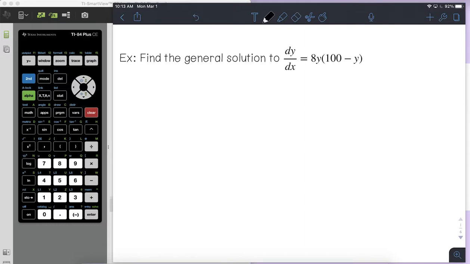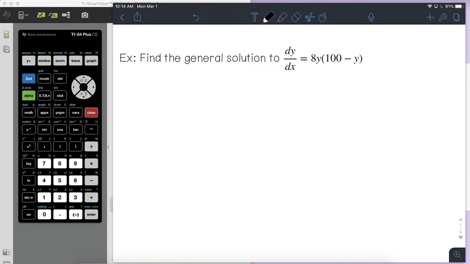Let's go ahead and solve this differential equation to find the general solution. So that means we're still going to have our constant of integration, and we're not going to be given an initial value. So we have dy over dx equals 8y times the quantity 100 minus y. This is pretty easily separated.